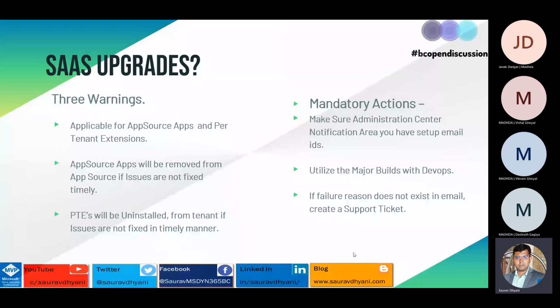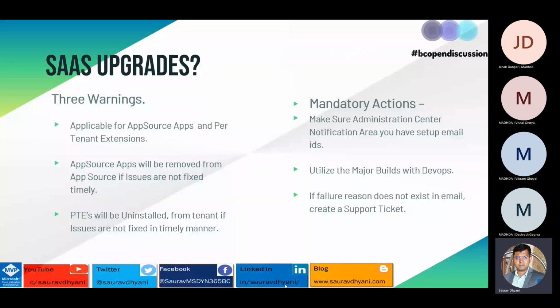For every SaaS customer, in their admin center, inside the notification area, you should set up your email, or I would preferably say an email group of people who will monitor these emails when they are sent out by Microsoft.